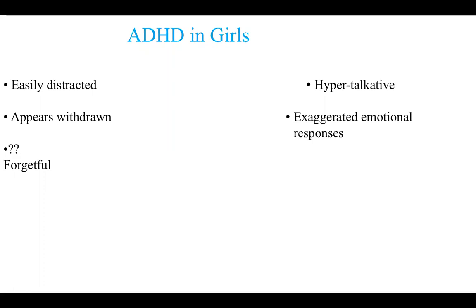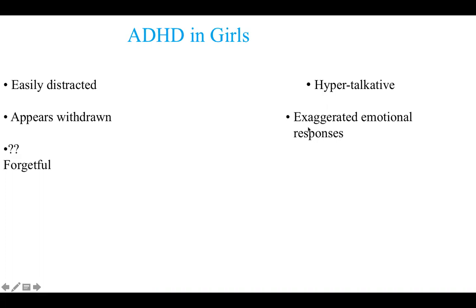However, it has been my understanding that ADHD is not picked up in girls primarily because they appear forgetful or withdrawn. They are in their own world, so it is very easy for parents or teachers to ignore them. They appear distracted, or they can appear hyper talkative, or show exaggerated emotional responses.